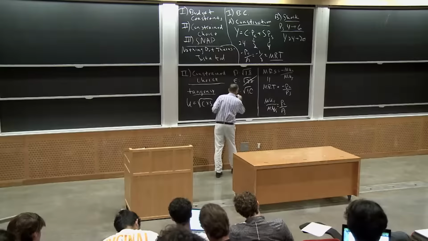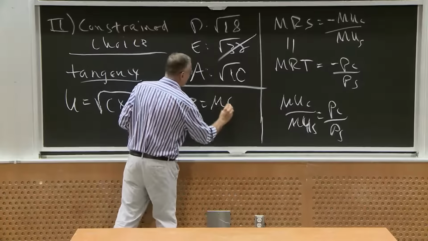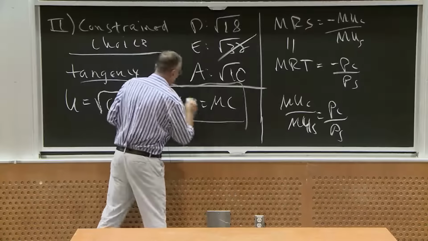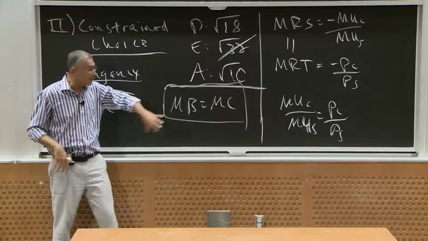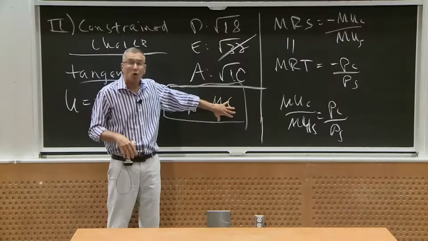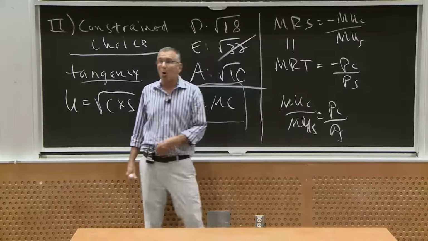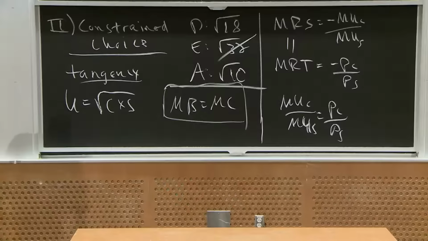Now, the fundamental rule we'll use when we do this constrained choice in economics is that we're always going to, in general, be setting marginal benefits equal to marginal costs. That's how we make decisions in economics. For every decision, we set the marginal benefit, the incremental benefit of a decision, equal to the marginal cost, the incremental cost. And that's expressed here.